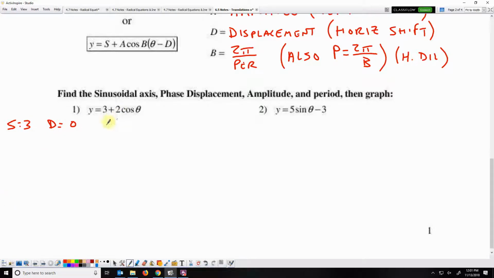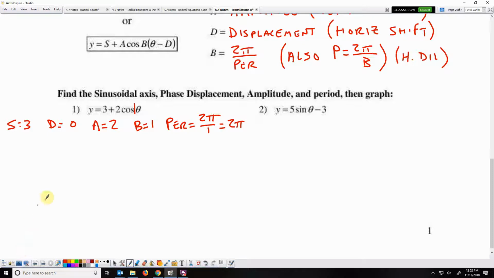The amplitude right here is 2. And we also need to know the period. We can get that from B. B is right after the word sine or cosine. B is 1, which means the period is 2 pi over 1, or 2 pi.